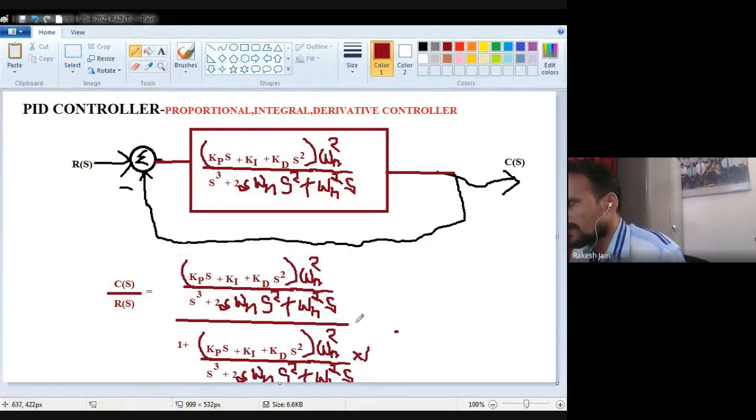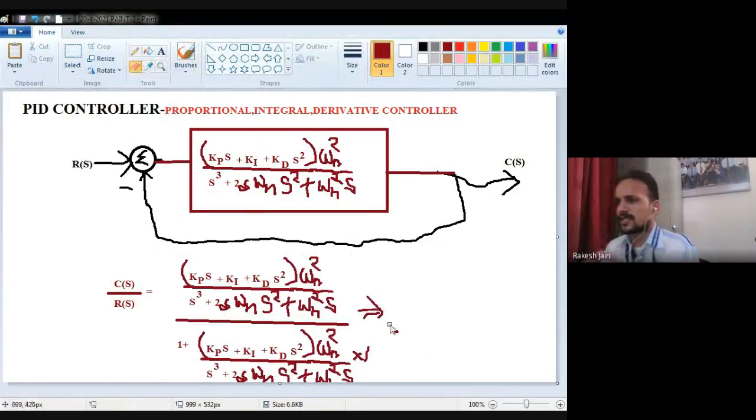So what will be my final answer for this proportional integral derivative controller? That is very easy to find because the LCM is the same, S cube plus twice delta omega n S square plus omega n square S. So only in the upper term will we find the same thing as the final answer.